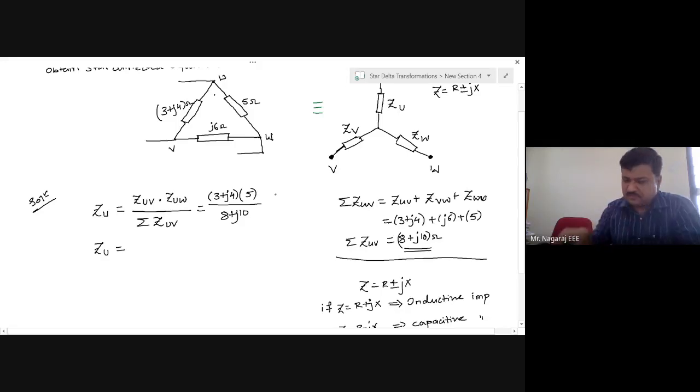For your convenience, I will be entering along with you in the calculator: 3 plus 4I into 5 divided by 8 plus 10I. You can substitute this entire equation in your calculator using the brackets.